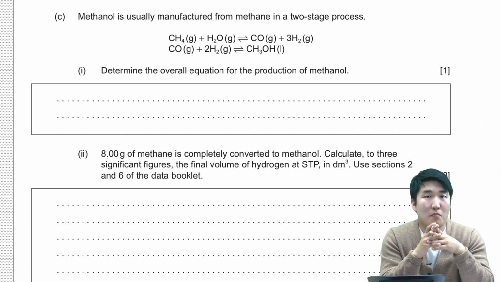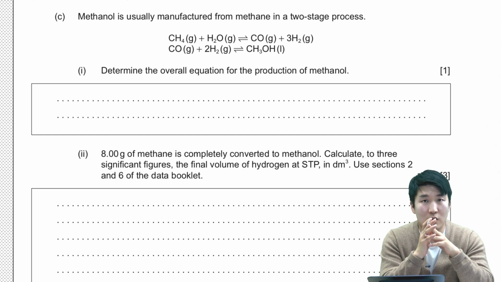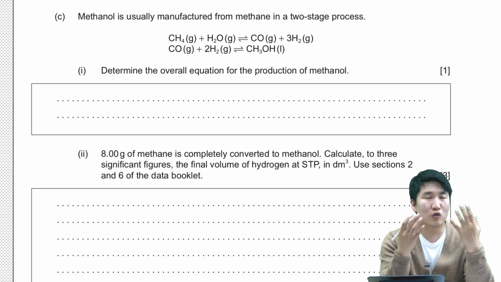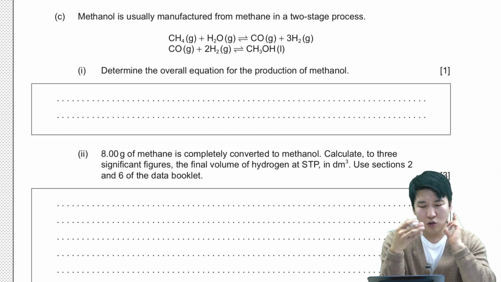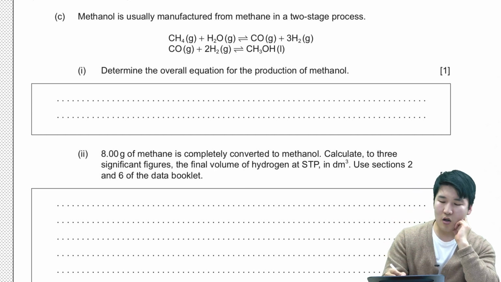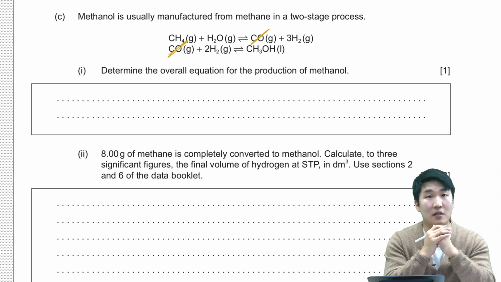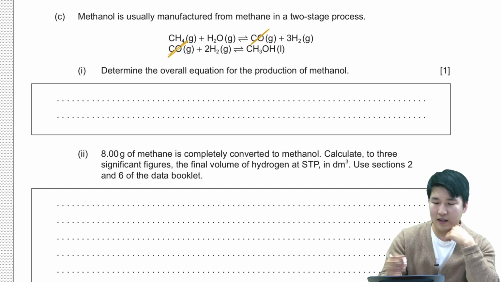Methanol is usually manufactured from methane in a two-stage process, a two-step reaction, which can be merged into a single reaction equation by removing what? The intermediates. Who are the intermediates? I can see how carbon monoxide is an intermediate, as well as two hydrogens.